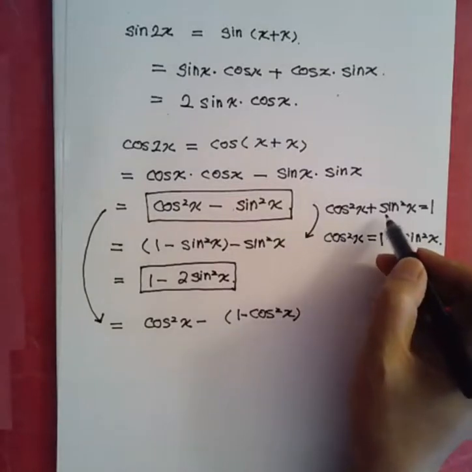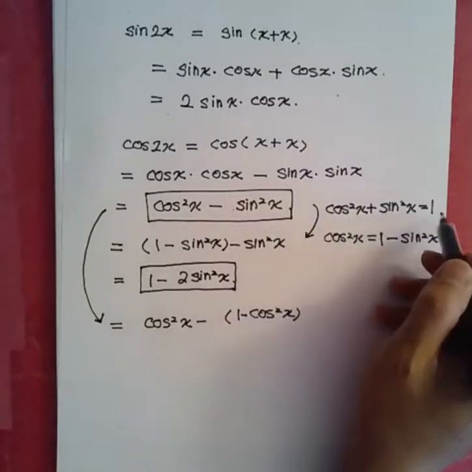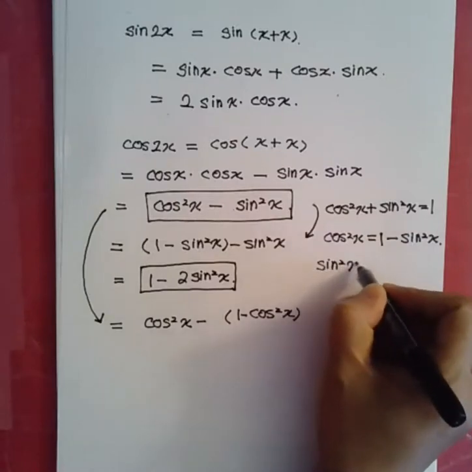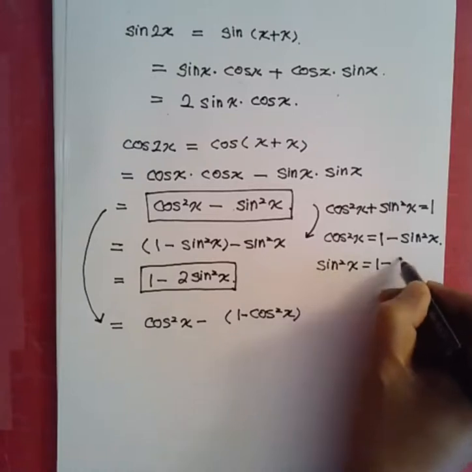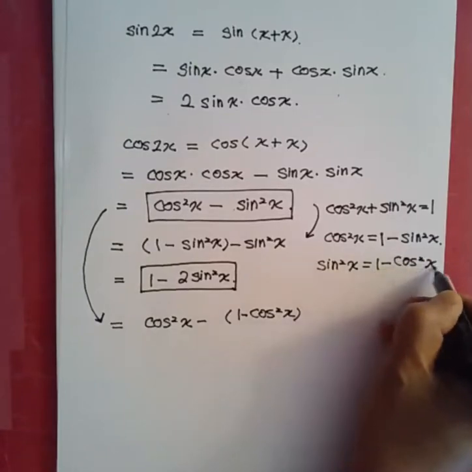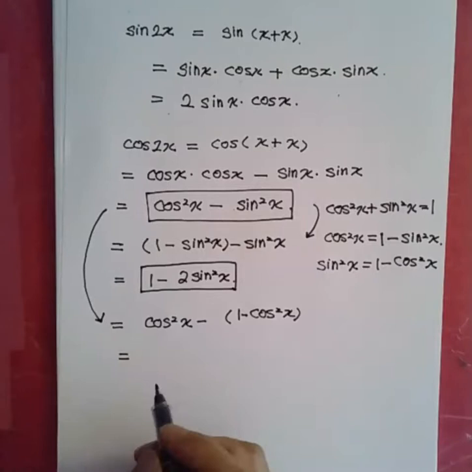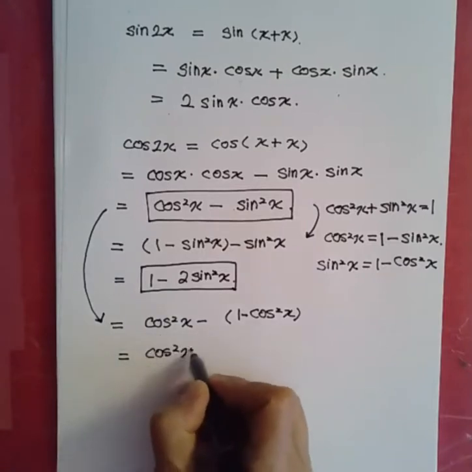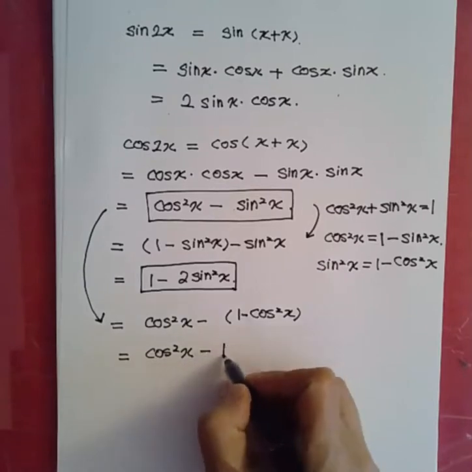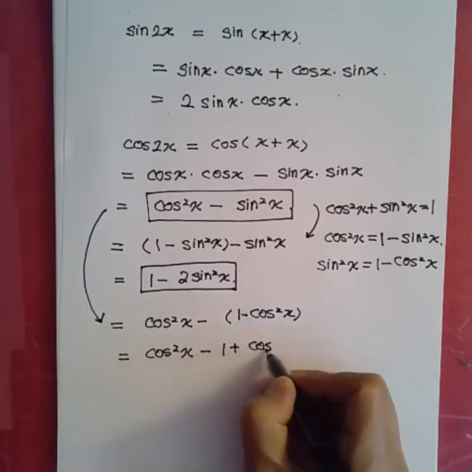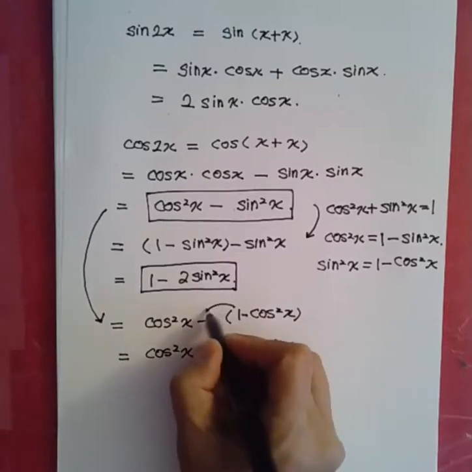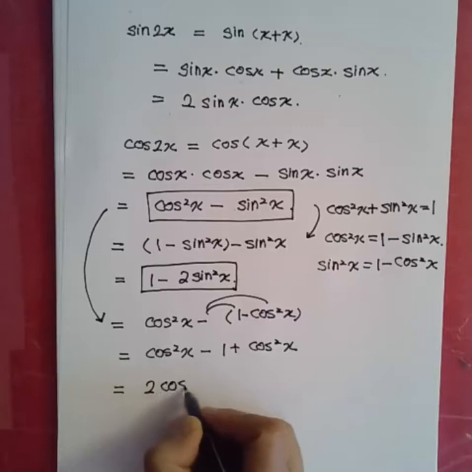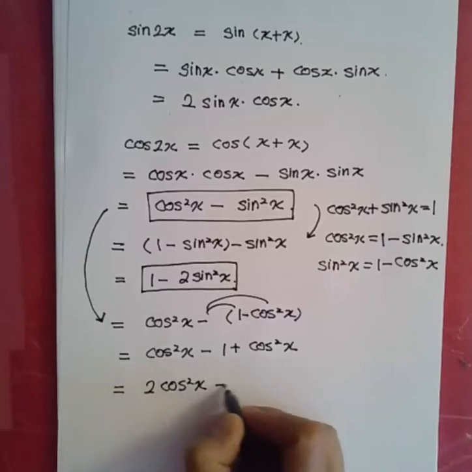In this case, we subtract cosine squared on both sides, then we get sine squared of x equals 1 minus cosine squared of x. So we can rewrite that as cosine squared of x minus 1 plus cosine squared of x. So that'll be 2 times cosine squared of x minus 1.